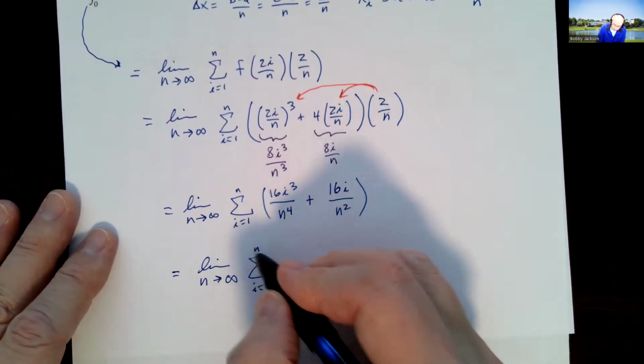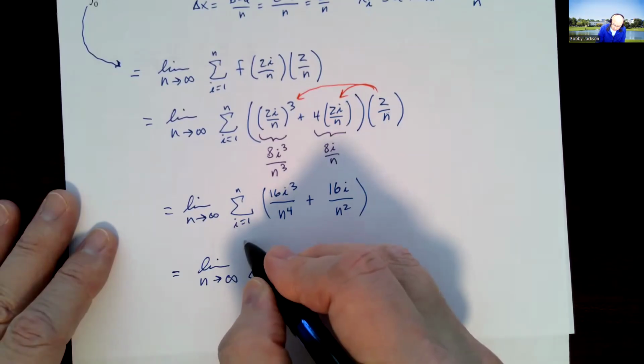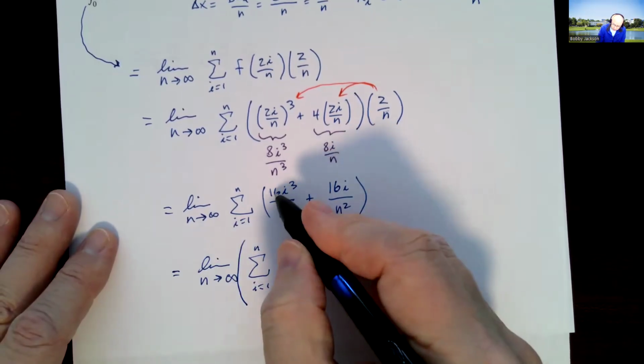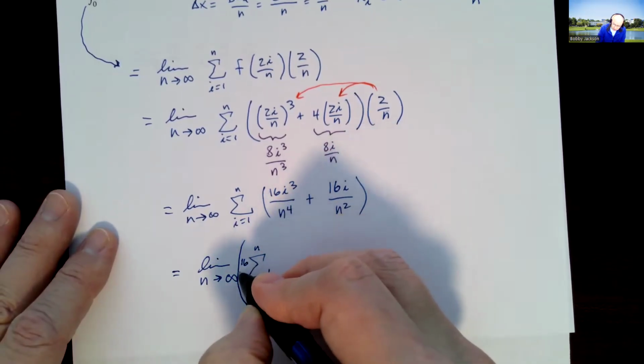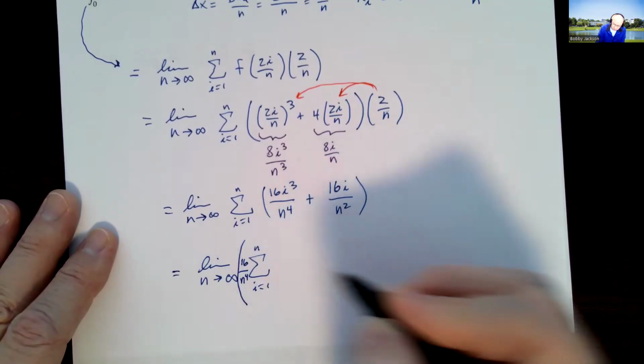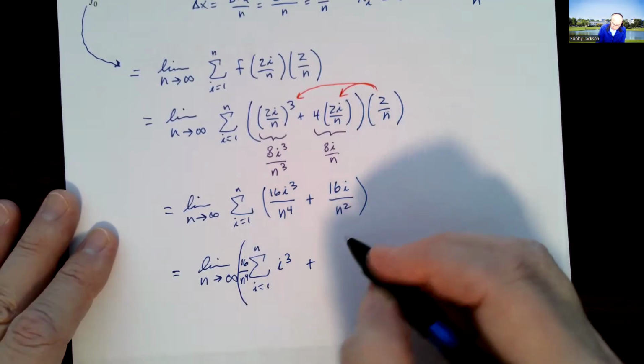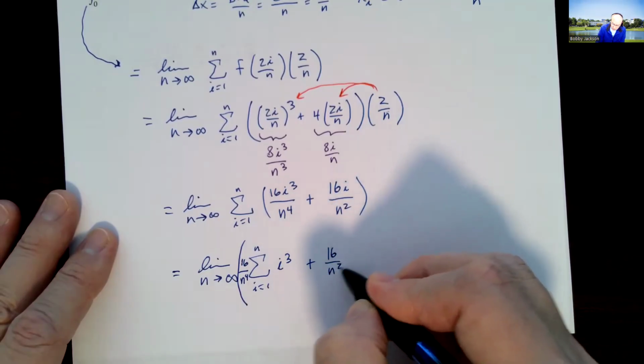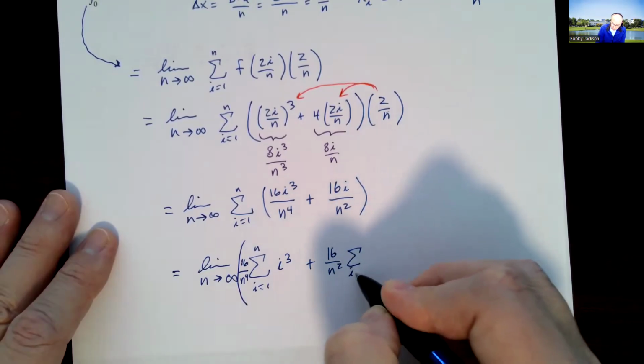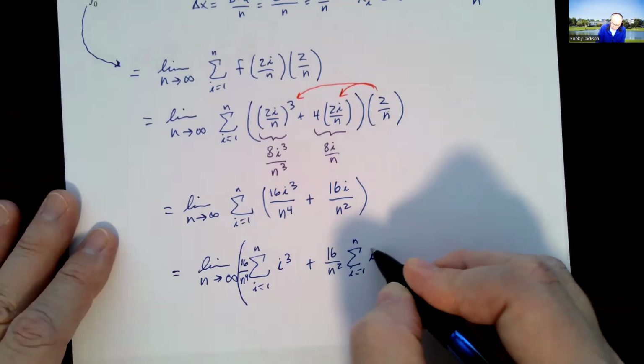Sorry, I messed that up because I want to pull out the 16 over n to the fourth, leaving i cubed. This one I'll pull out the 16 over n squared, and we're left with i.